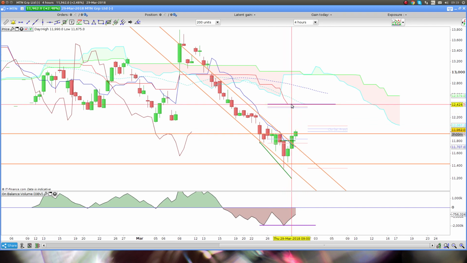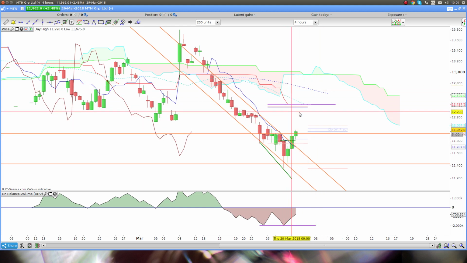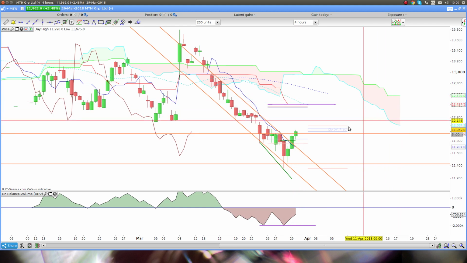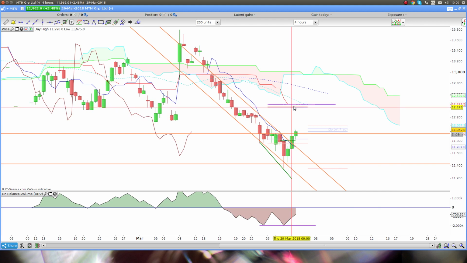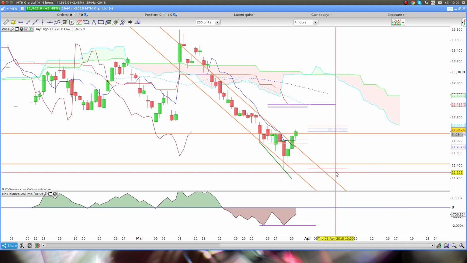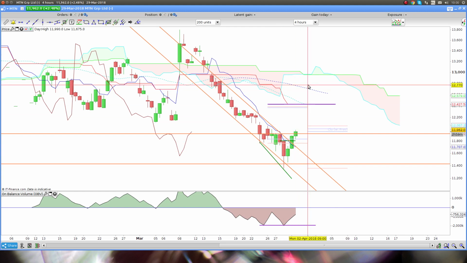Because I suspect it'll hit Kijun Sen and bounce back before it actually moves up. Okay, and we are quite far away from there. So the cloud is also flattened out. So we're either just going to do a short little move back to test this level here before we continue on the downside, or alternatively, we're going to move to the upside.